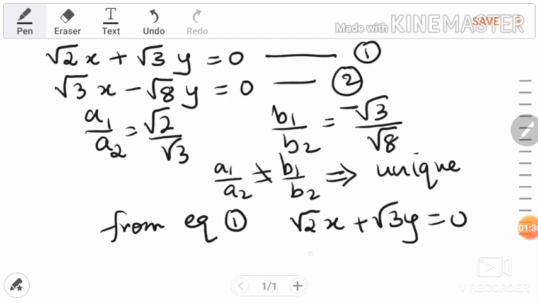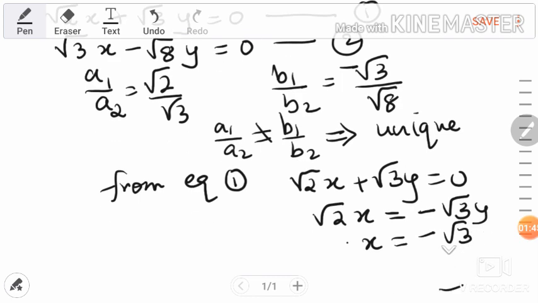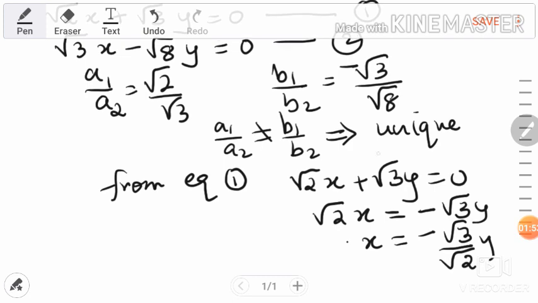This is your first equation. So root 2x is equal to minus root 3y. Therefore x is equal to minus root 3 divided by root 2 y. This is the value of x in terms of y.